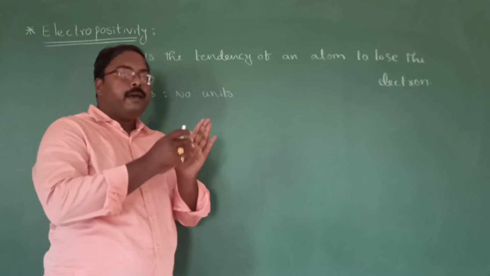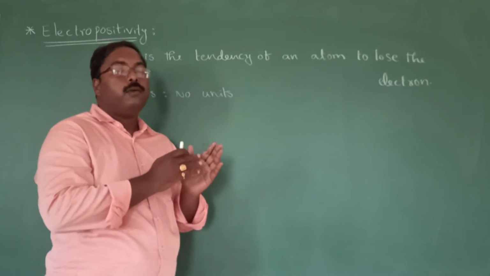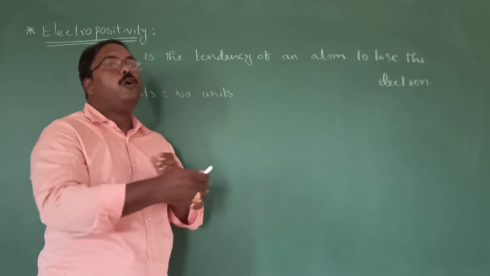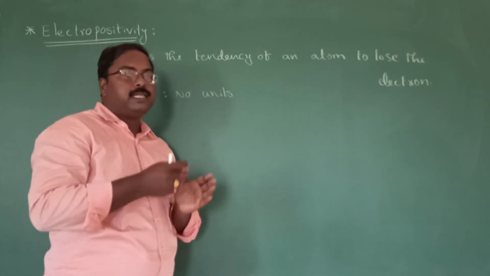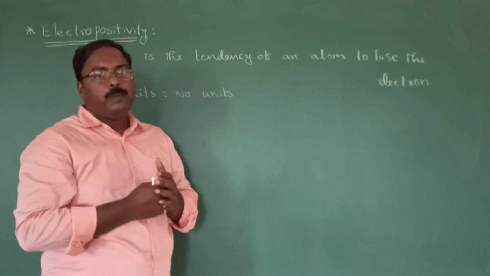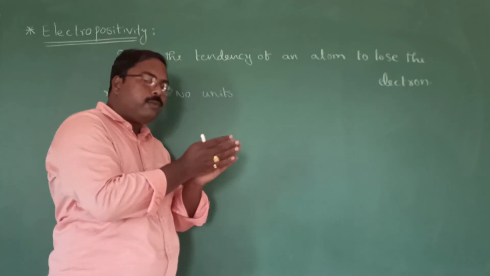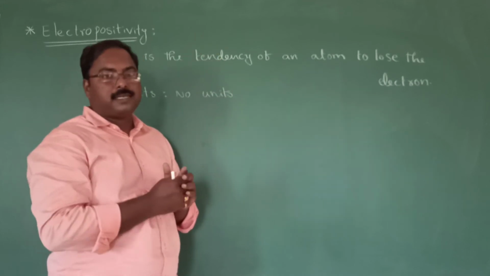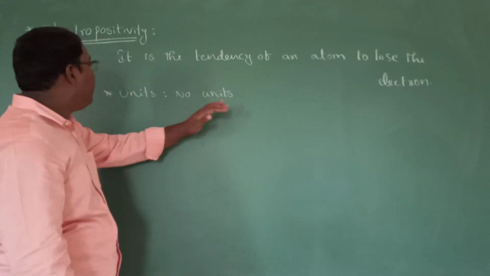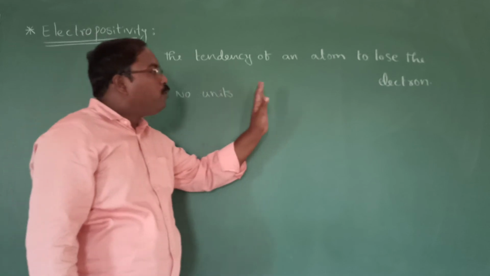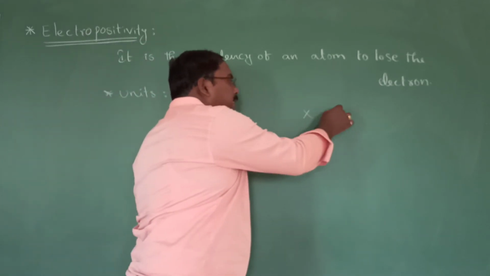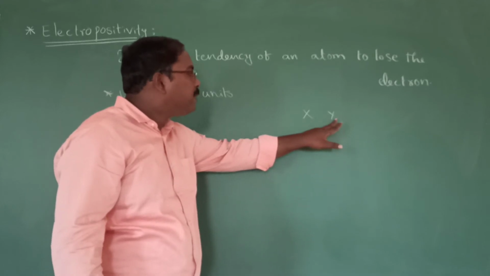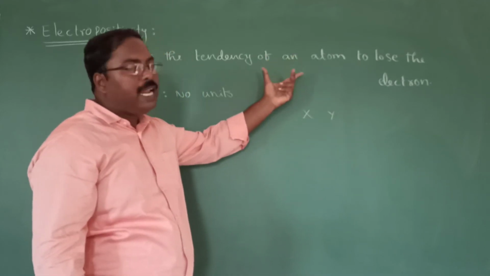But regarding the electropositivity, we may compare, when compared to another atom, how much we like this. For example, out of two, we may say we love Virat Kohli more than some other person X. In the same way, when you compare two elements, for example X and Y, out of the two we can find which has more tendency to lose the electron.